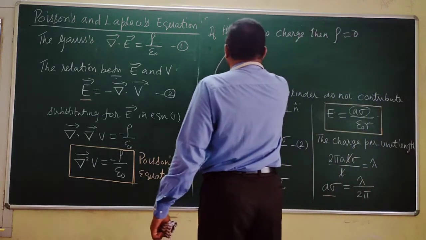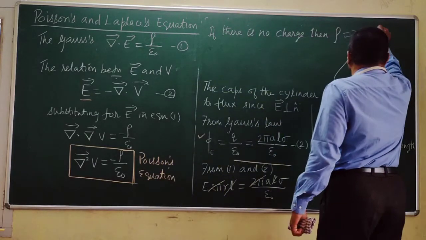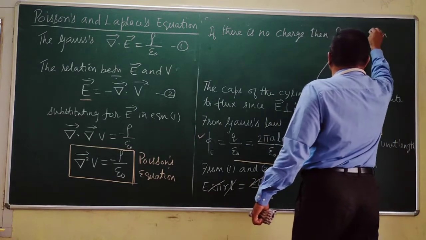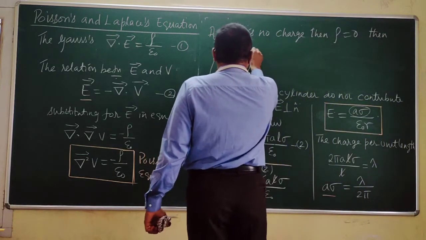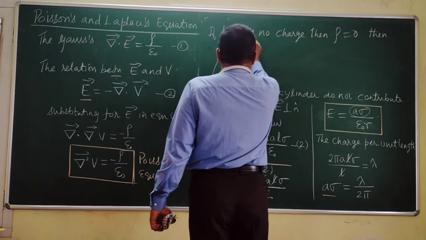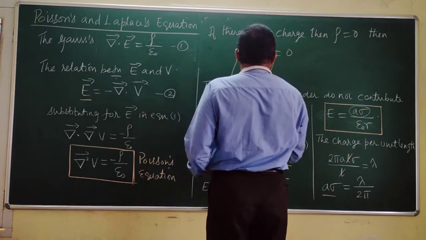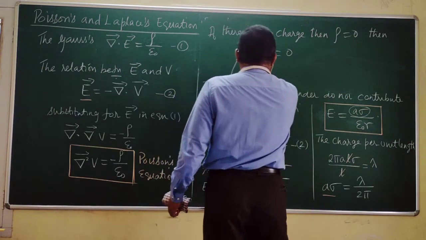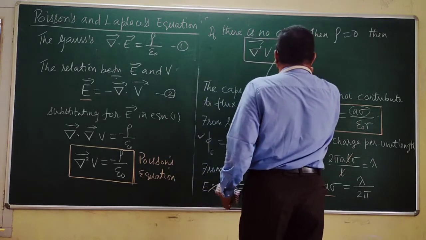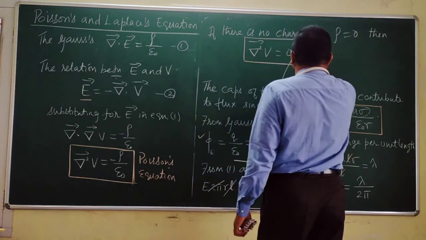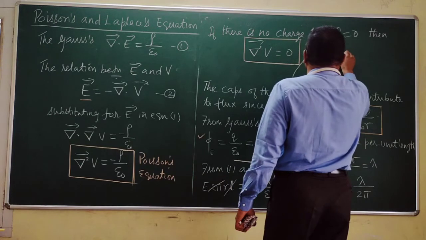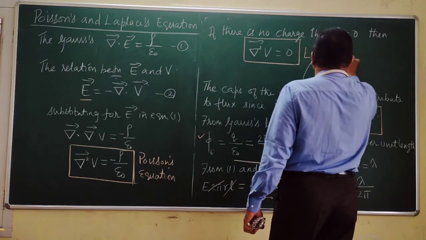If rho becomes equal to 0, then we get del squared V is equal to 0. This is Laplace's equation.